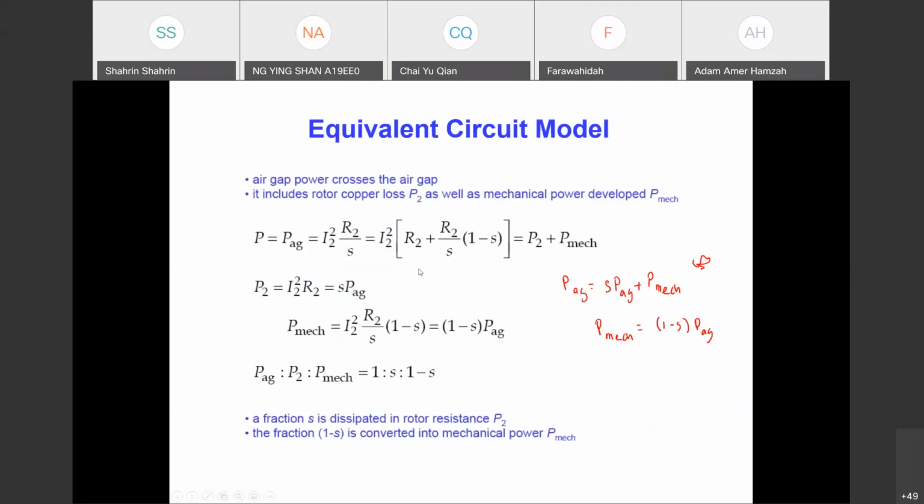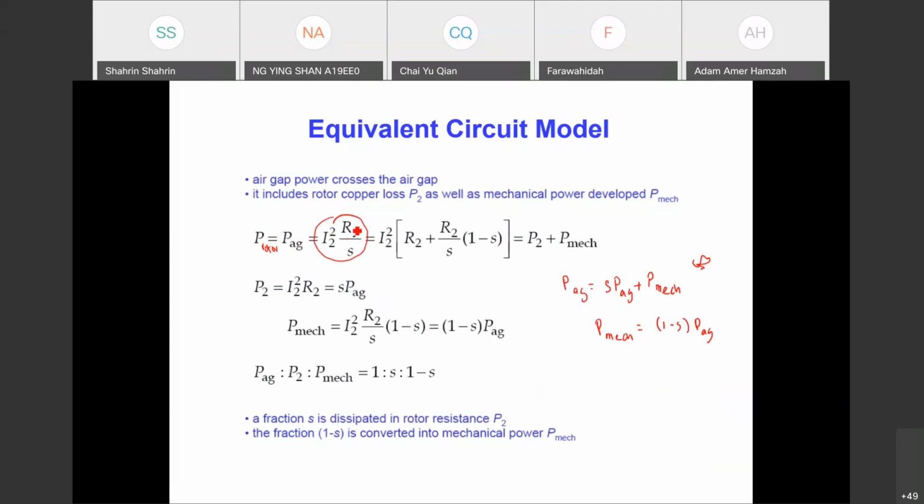Okay, so this is the same thing that I have explained earlier, which is the power transferred to the rotor, which is similar to the power air gap. Which you can calculate by using this equation.